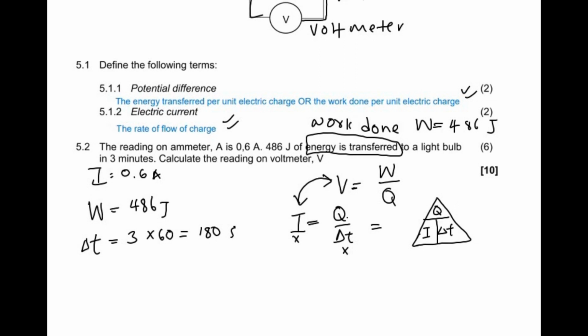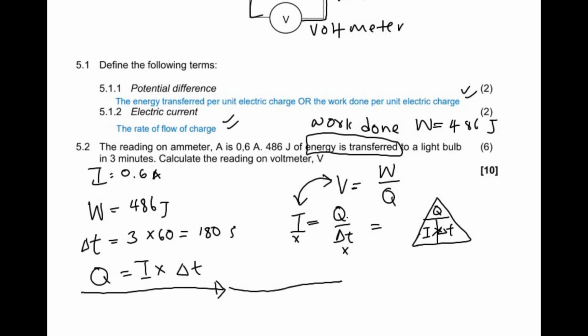So if I want to find Q, Q is going to be I multiplied by delta T. Now I know the value for charge.